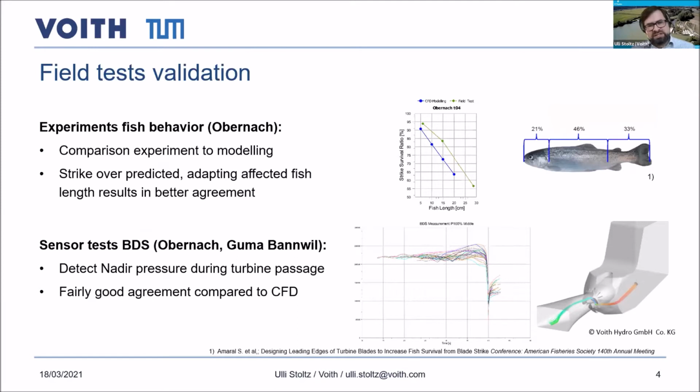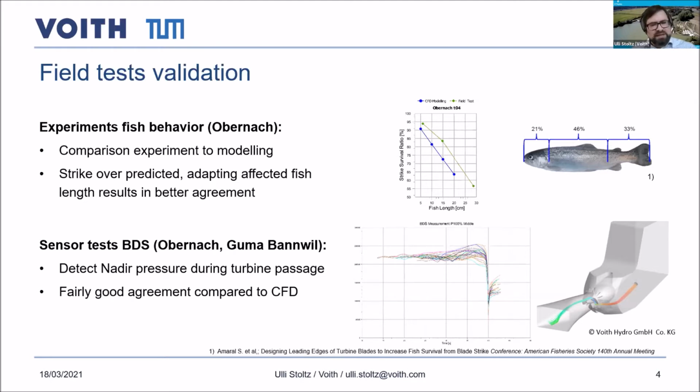We realized there's a shift in the results for the survival rate, shown here as fish length over survival rate. Then in literature, we could find information from studies in the US that the tail region is rather unsusceptible to injuries. Correcting the length of the fish matched the curves pretty well.